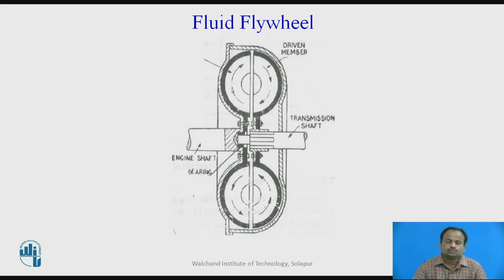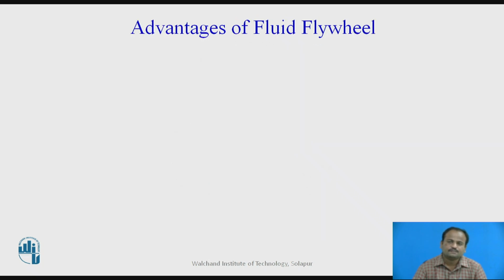Due to rotation, the fluid present in the driving member is transmitted towards the driven member due to centrifugal force. Likewise, with the rotation of the fluid, the motion is transmitted from driving member to driven member. At one stage, at the maximum speed, driving shaft speed becomes equal to driven shaft speed. Likewise, the fluid flywheel works. It is also the replacement of a clutch.